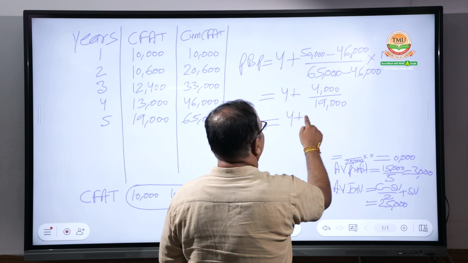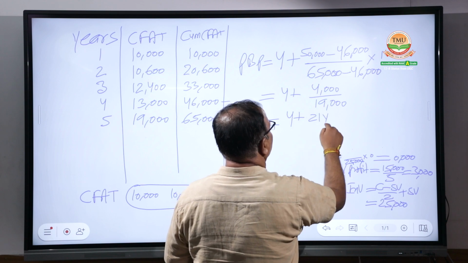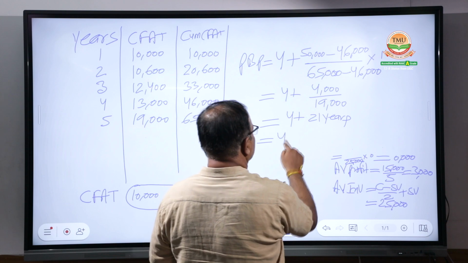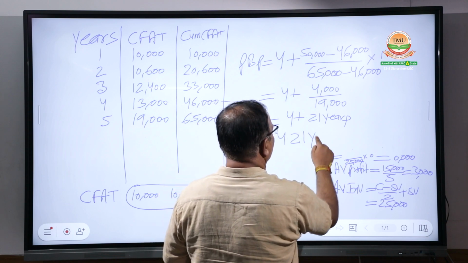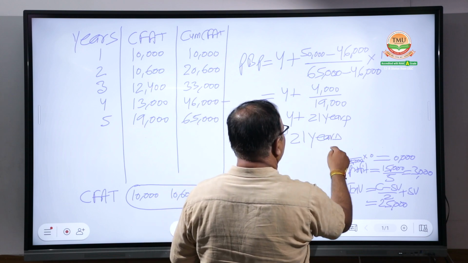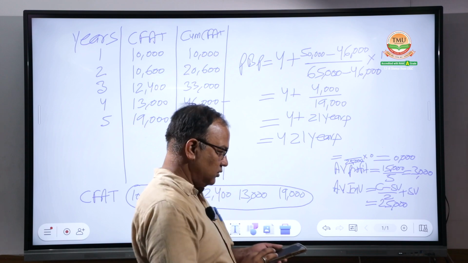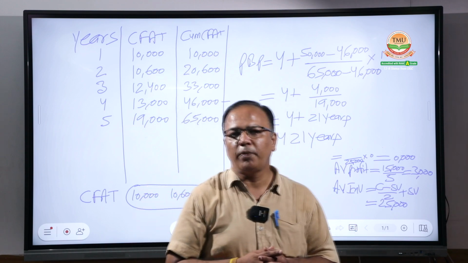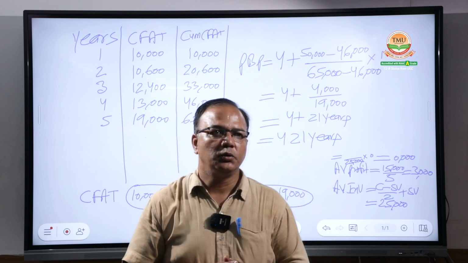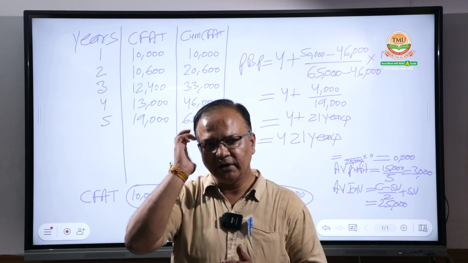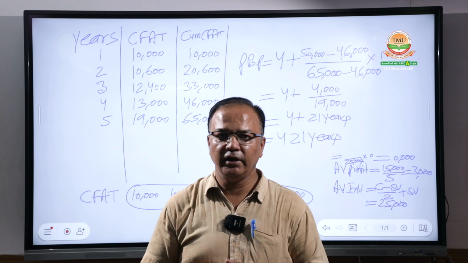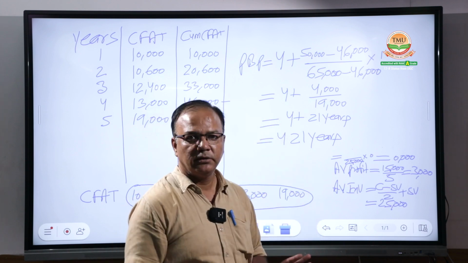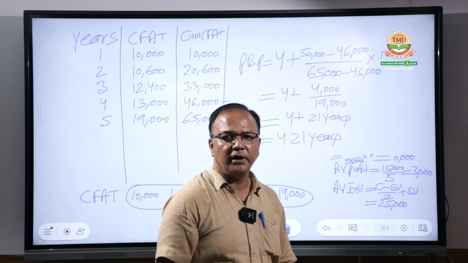It makes 4 plus 0.21, here 4 years, 4.21 years. So this is the length of payback period. So you can say to recover the amount of rupees 50,000, the company needs 4.21 years. So this is payback period.